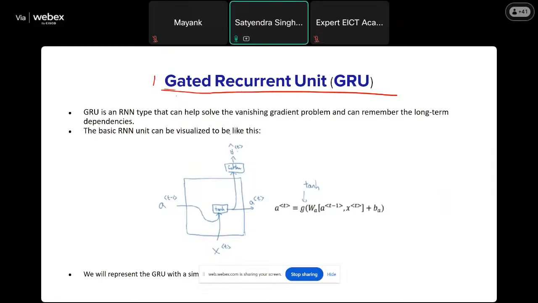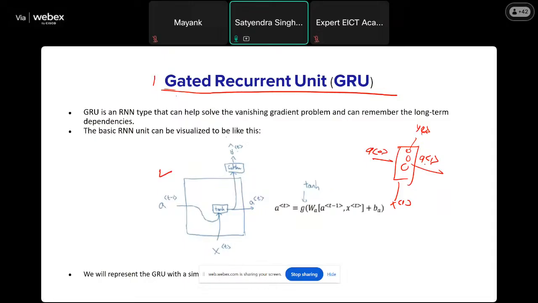Before coming to that, this is another representation of a single RNN unit, where A0 is given X1, it is calculating Y1, and it is also generating the context vector A1.